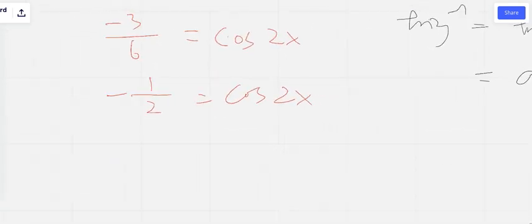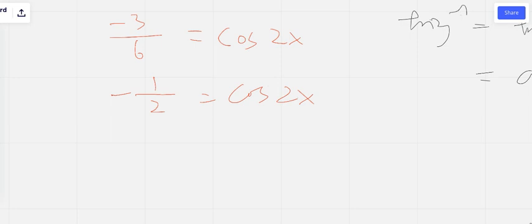Therefore, in this question, this will be cosine of what is equal to -1/2. Therefore, now we can use the cosine inverse of -1/2 is equal to 2x.